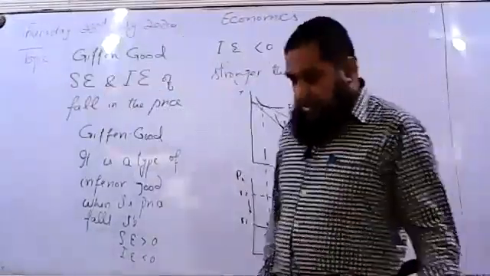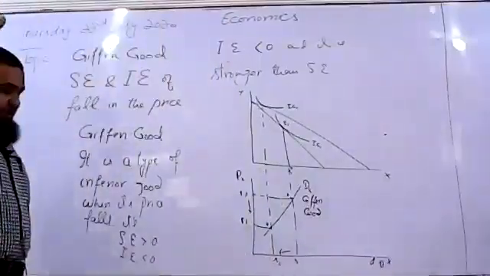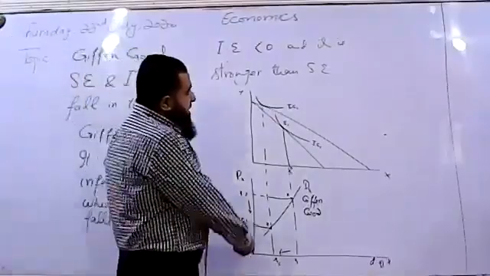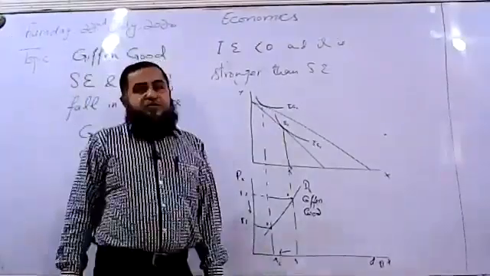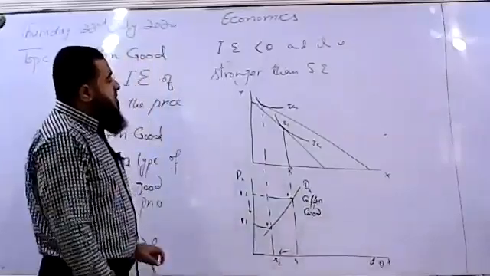Capital gain means the difference between the selling price of a share and the buying price of a share. So in all these cases, the demand curve will be positively sloped. When it is positively sloped, we say this is a Giffen good demand curve.